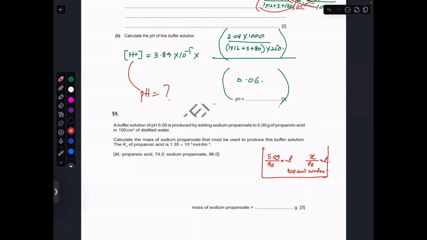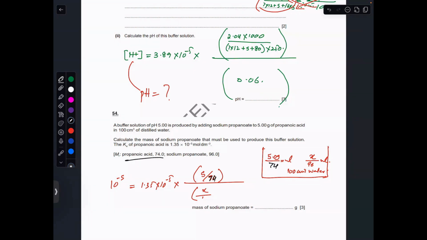So what is the formula that you are supposed to use? 10 power minus 5, Ka into weak acid, 5 propanoic acid. I think I made a mistake. It is 70.